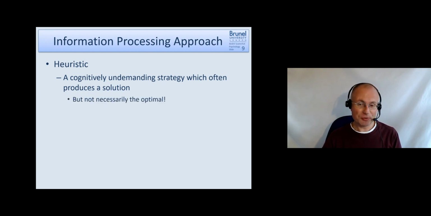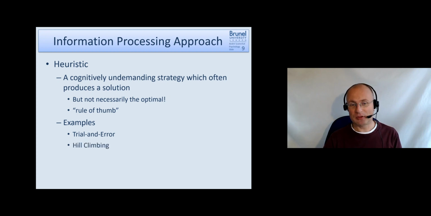It doesn't need to be the optimal. It's often sufficient if it's a good one. If it's one which works, even if it's not the optimal. You may also say a heuristic is a little bit like a rule of thumb. And as an example, we already have seen trial and error, which is kind of a heuristic.